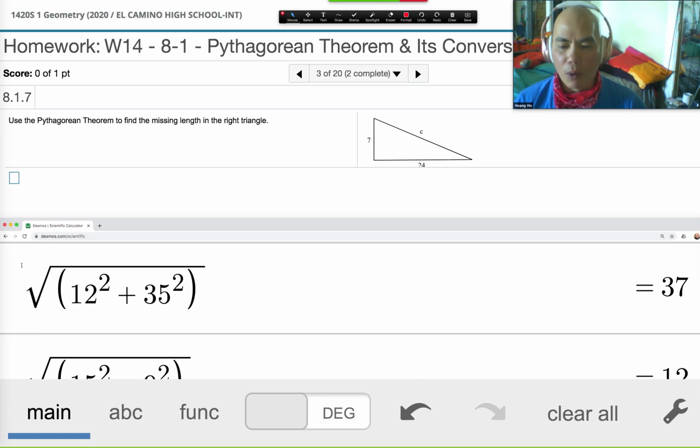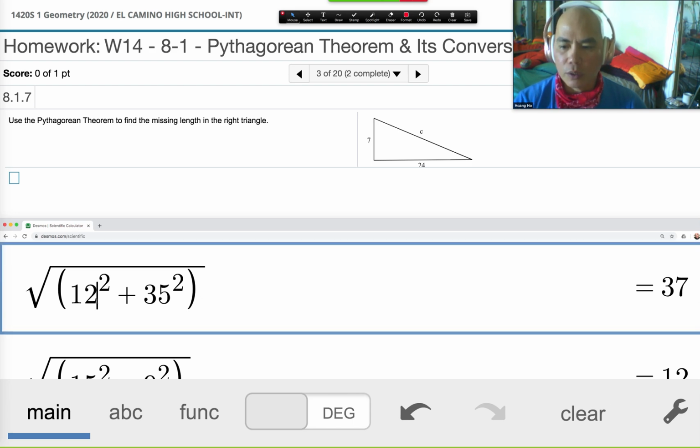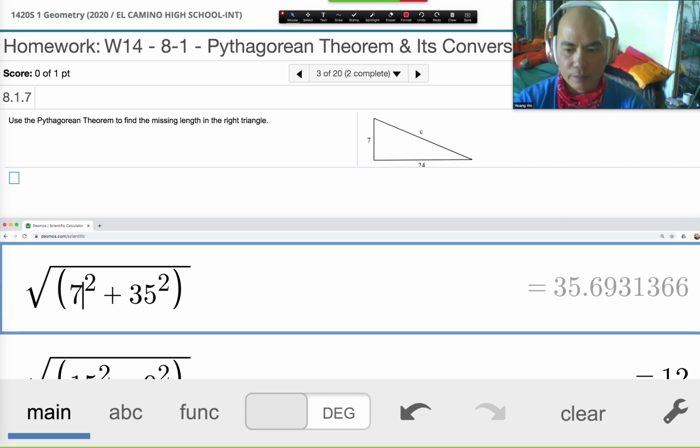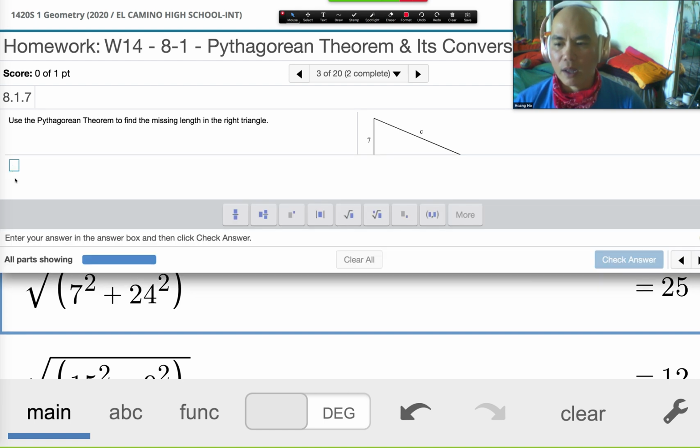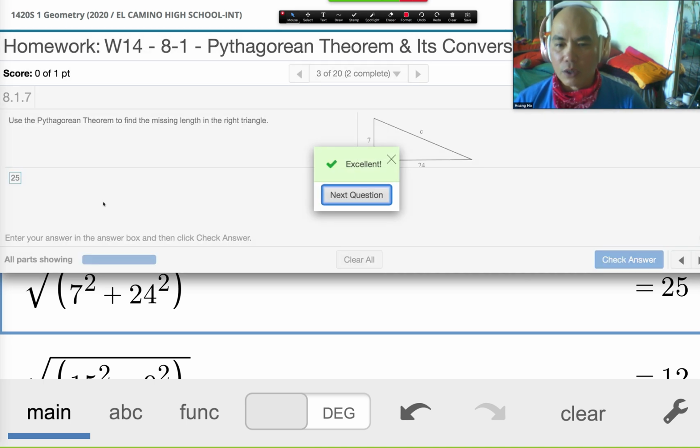I already have the formula to find the hypotenuse, so I just change the values to 7 and 24, and I'm done. I got my answer, 25. As you see, when you have your formula entered into the decimal calculator, you can reuse it anytime.